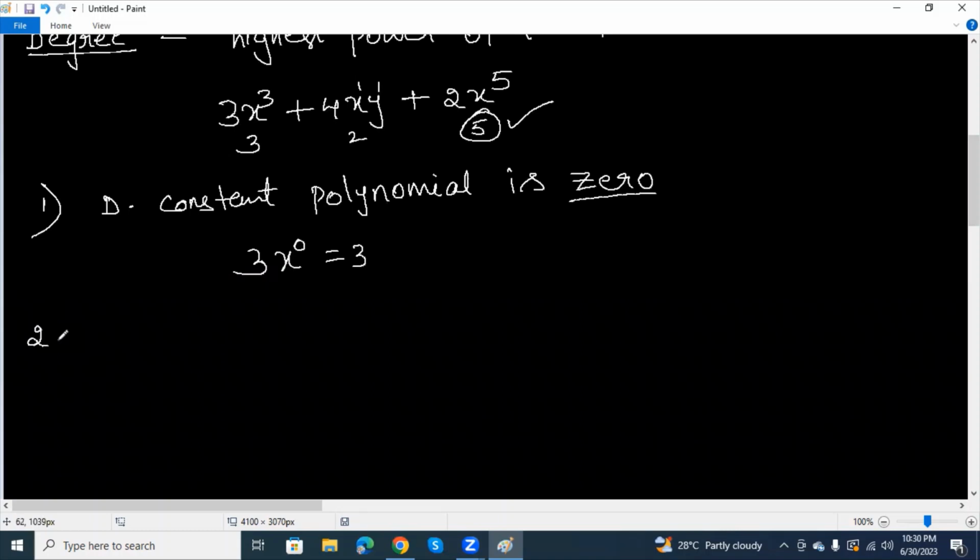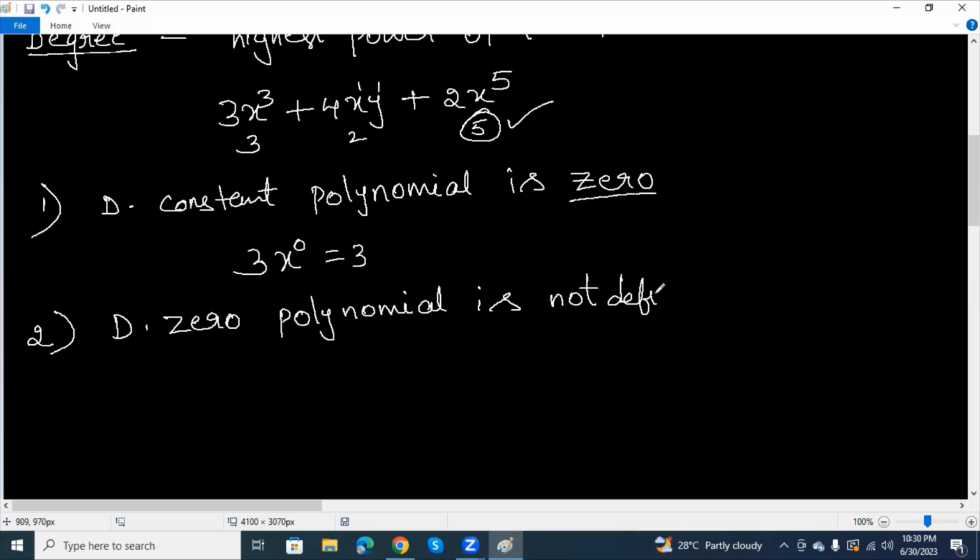Next. The degree of the 0 polynomial is not defined. Why? For example, a polynomial which contains only 0. 0 into something is 0 only, right?